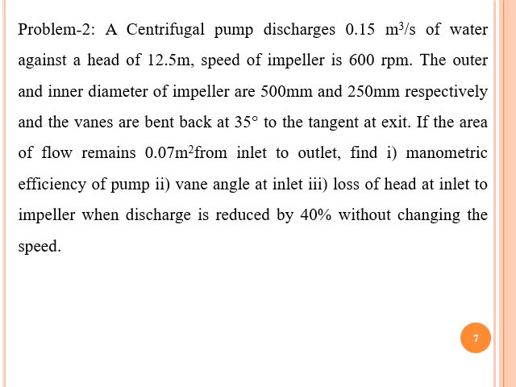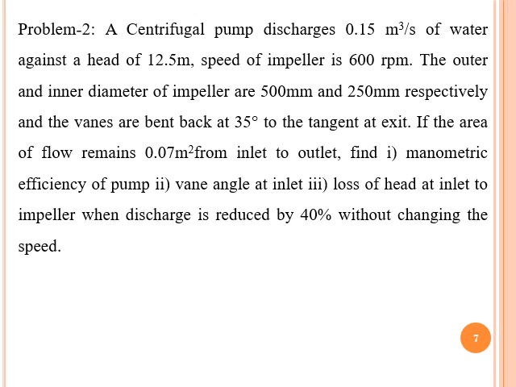Now list out the given data. A centrifugal pump discharges 0.15 meter cube per second of water, that means Q = 0.15 m³/s, against a head of 12.5 meter. That is the manometric head of this centrifugal pump, Hm = 12.5. Speed of the impeller is 600 rpm, that is N = 600 rpm.